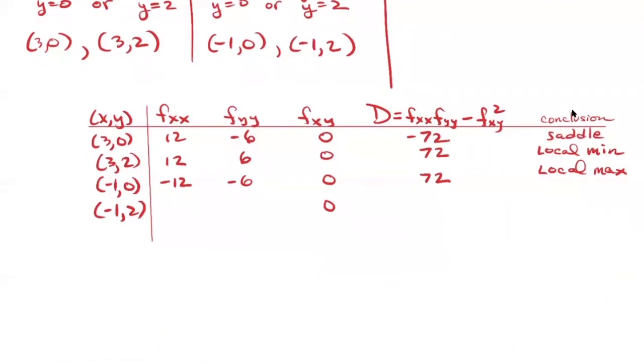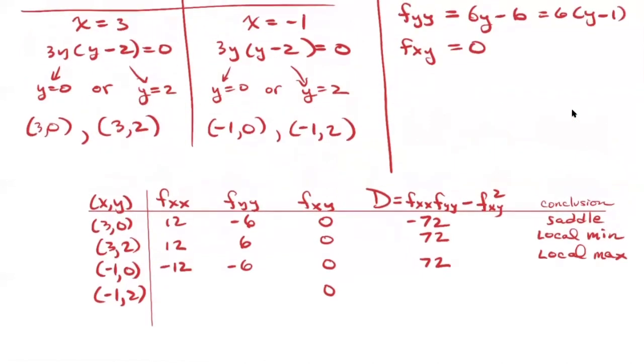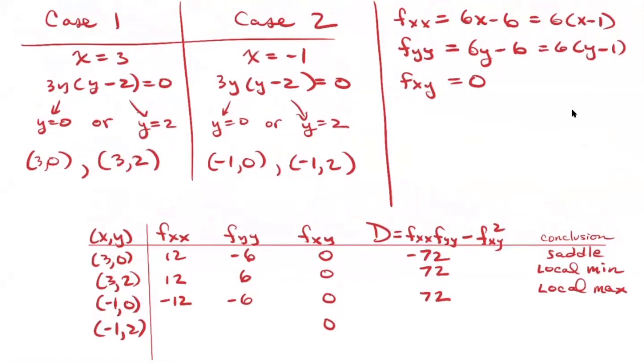Okay, almost done. Now at (negative 1, 2), fxx is going to be 6 times negative 1 minus 6, which again will be a negative 12. fyy, okay, y is 2, so 6 times 2 is 12 minus 6 is a positive 6.